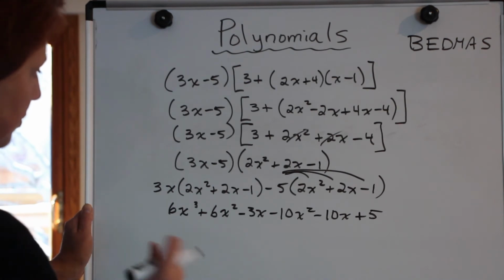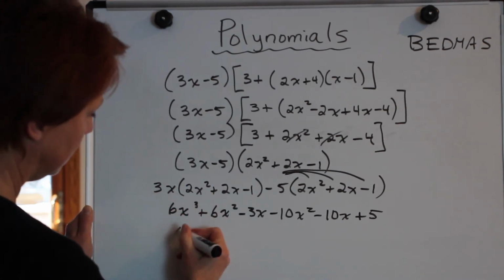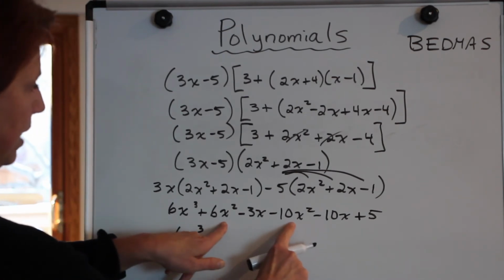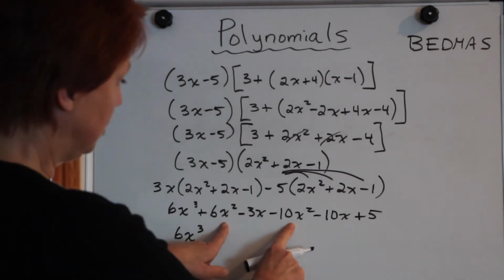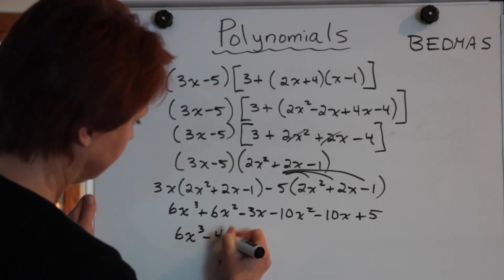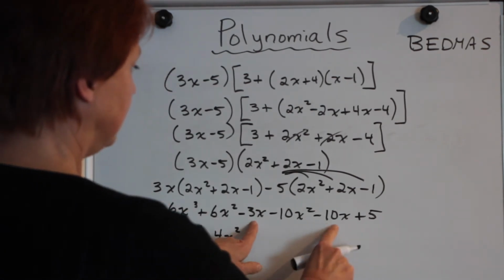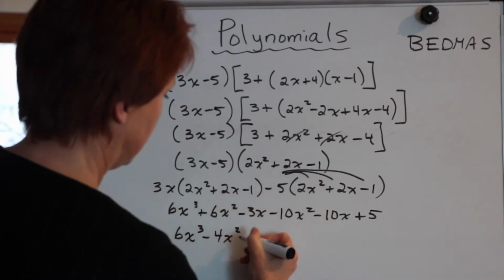Okay, we're almost done with this one. So now the 6x cubed, that's the only cubed term we've got. The squared, we have 6 minus 10, which is negative 4. And then just pop that x squared beside it. Minus 3 minus 10 is minus 13.